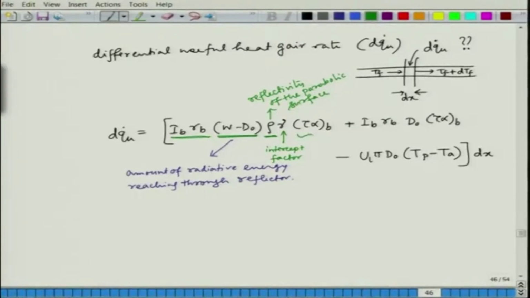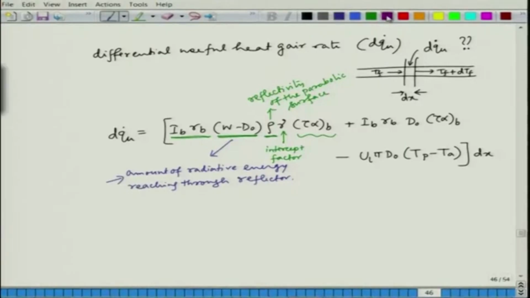Okay. And what is this? This, you know, is the effective transmissivity absorptivity product for that system of receiver tube and the transparent cover, and that also for beam radiation. So, that is why this whole first term is giving you the amount of radiative energy reaching through the reflector.